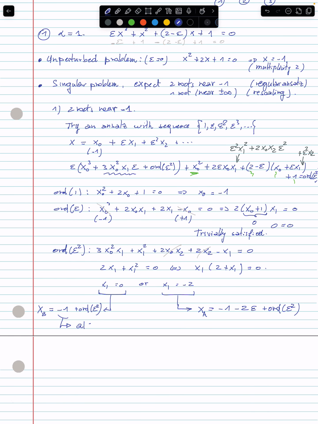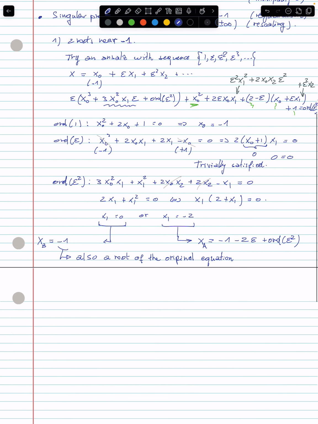So it means this is a root of the unperturbed problem, but this is also a root of the original equation. Okay, so there's no way to provide a second term, and the way to write this is just to drop the order epsilon squared term to indicate that we have an exact root to the problem.